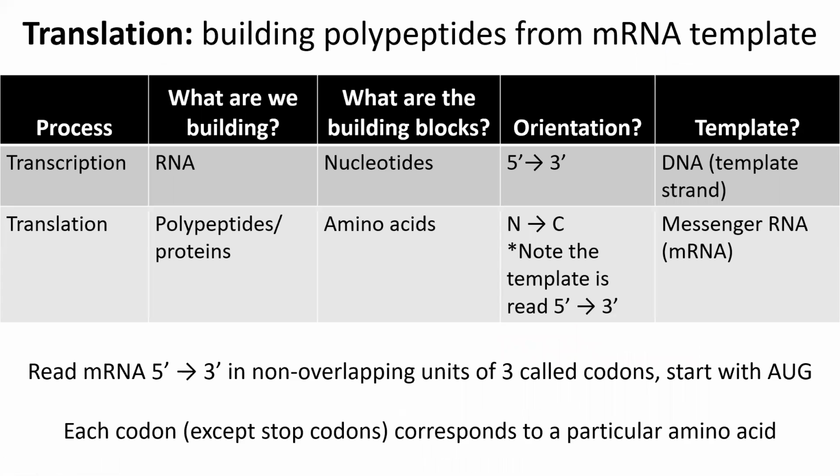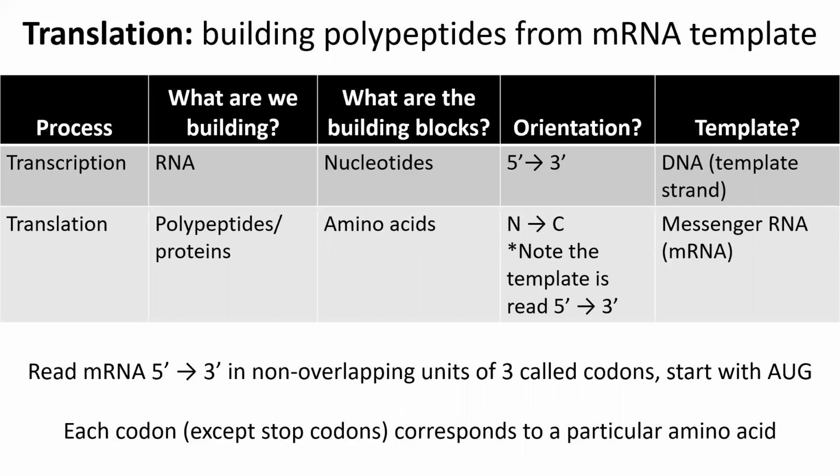So where are we now at the end of translation? Remember, translation is all about building polypeptides from mRNA templates. As opposed to transcription and DNA replication, where our templates were DNA, in translation our template is RNA.